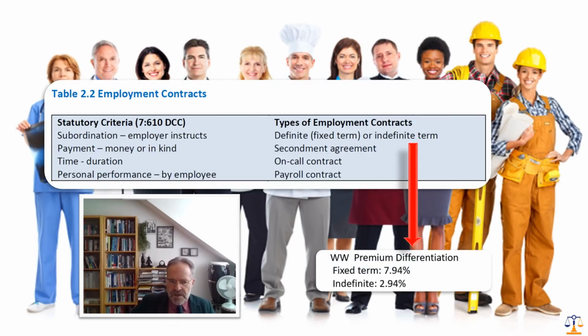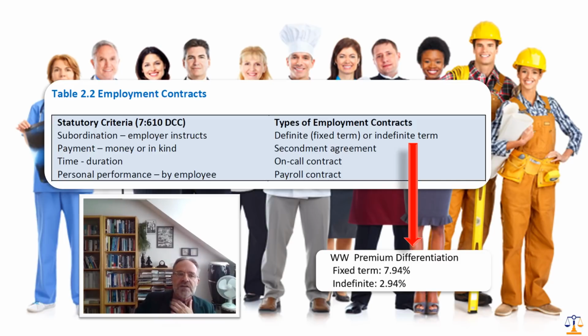Now, I said to you I will introduce to you the elements which were in this law definition of employment contract. So what are the elements? The one element is subordination. Subordination means the employer can give instructions. John, can you please? Then you are supposed to do it, provided of course it's not unreasonable, and provided of course it is not illegal.